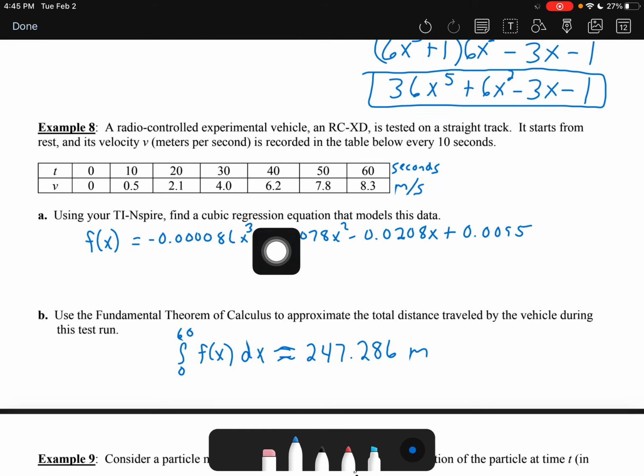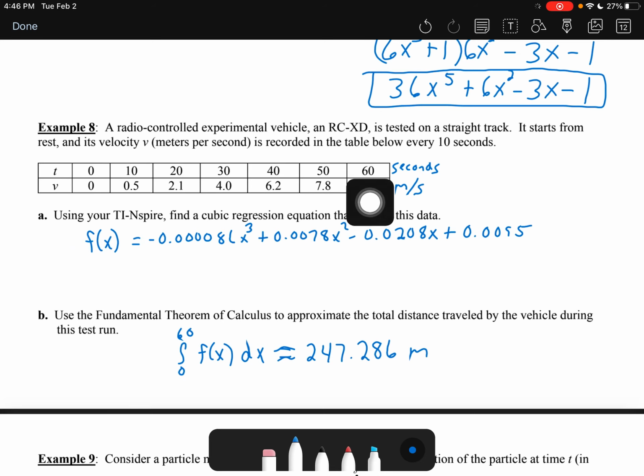But the idea is that, let's just say that this information, time and velocity, we can model that with this function right here, where we input time and then we output a velocity, right? So this is something to find velocity, which would be like a rate of change. And now they say use the fundamental theorem of calculus to approximate the total distance traveled by the vehicle in this test run.